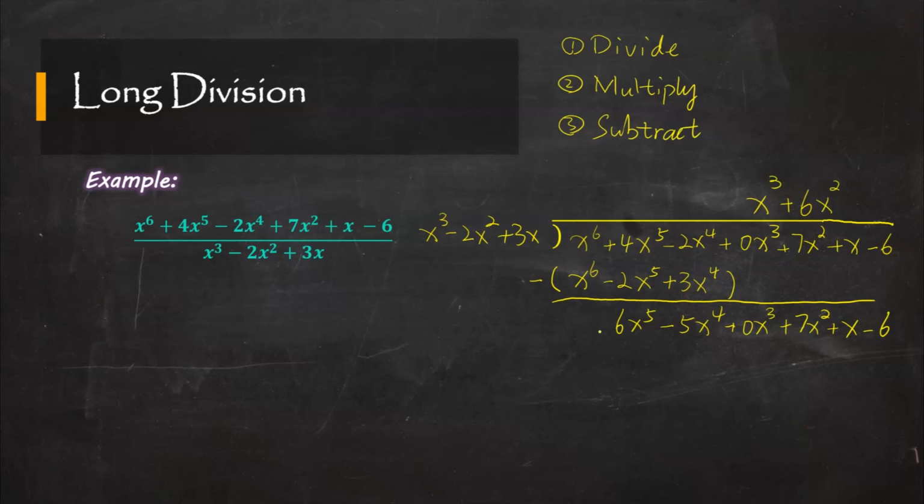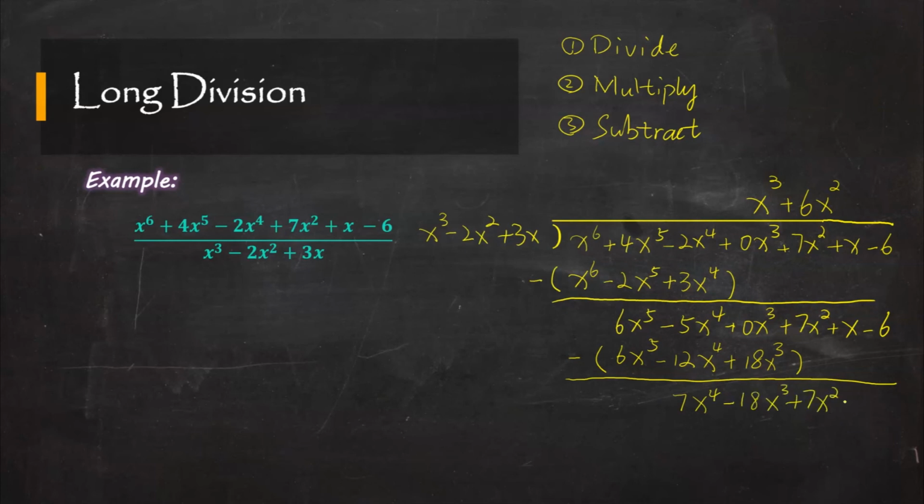And here, second step is multiply. So 6x to the power of 5. And then subtract.